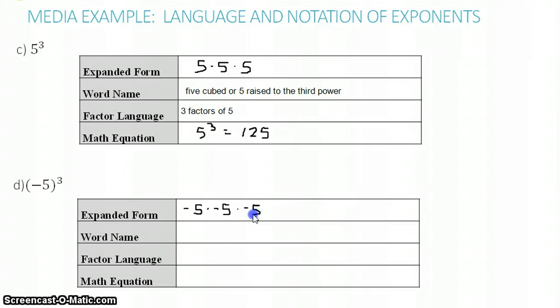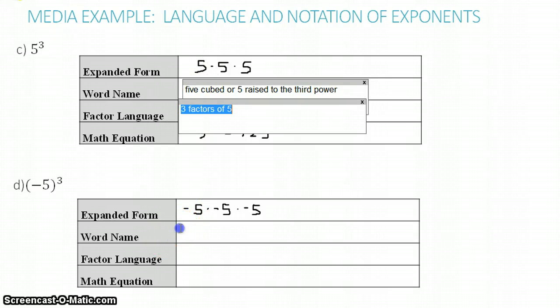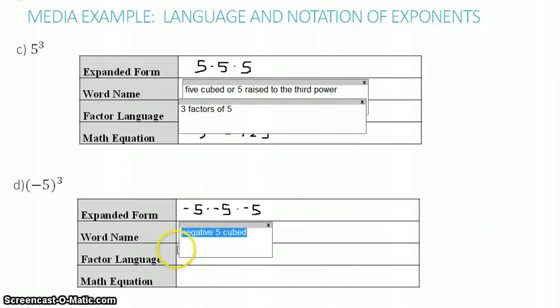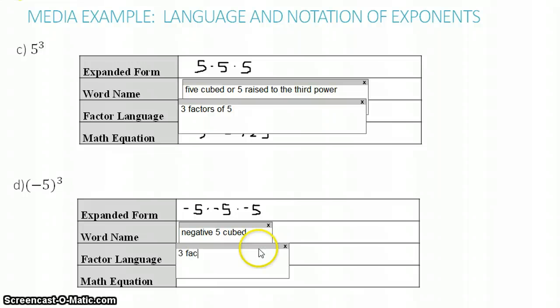And again, it's all because the cubed is outside of the parentheses. Our word name would be negative 5 cubed. In factor language, it's 3 factors of negative 5.